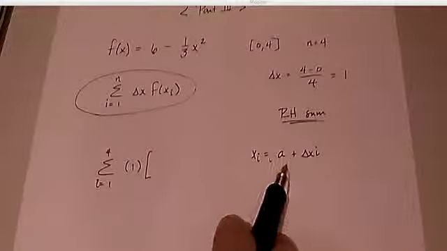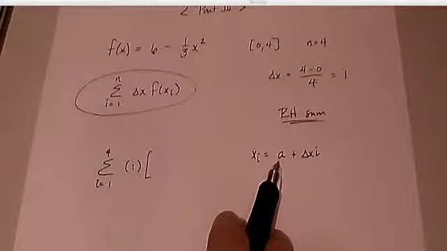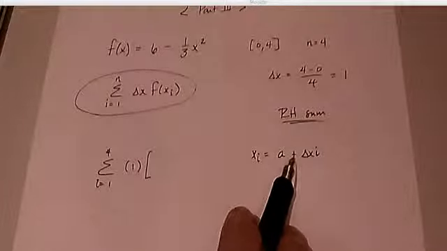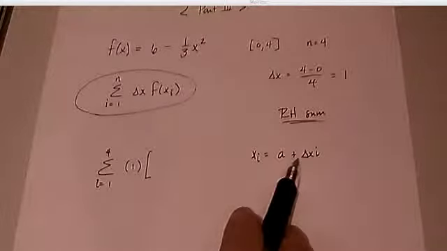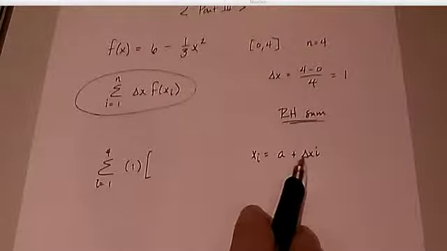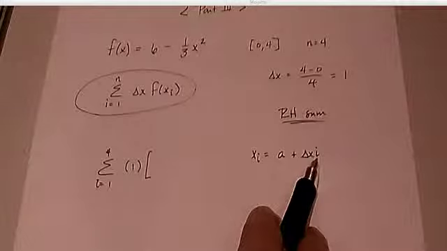So this is the starting place for the interval, and this takes you delta x past a, i times, okay?